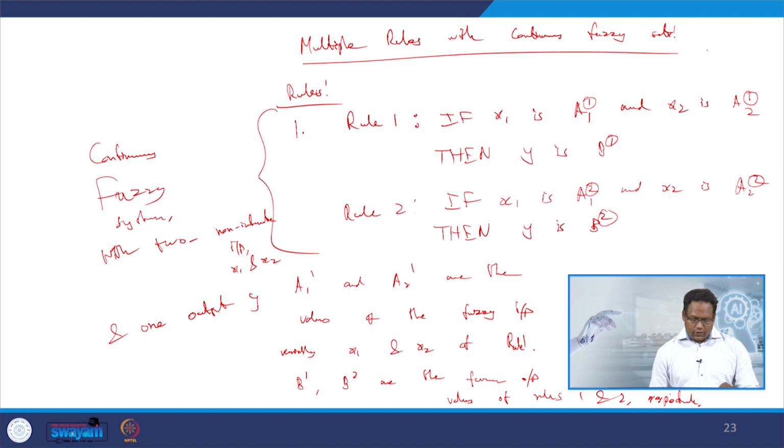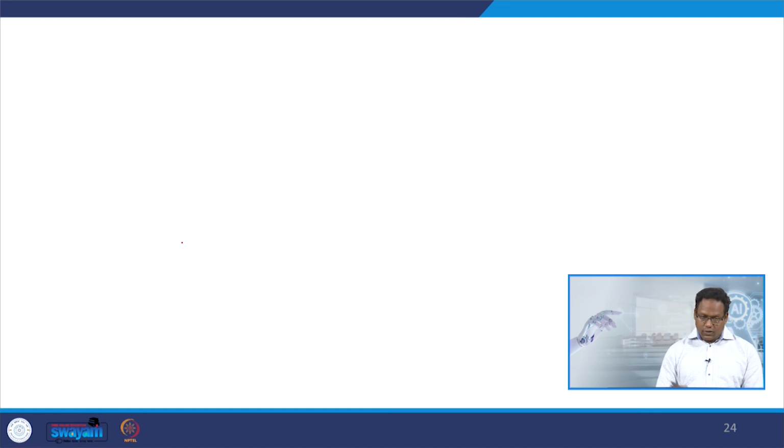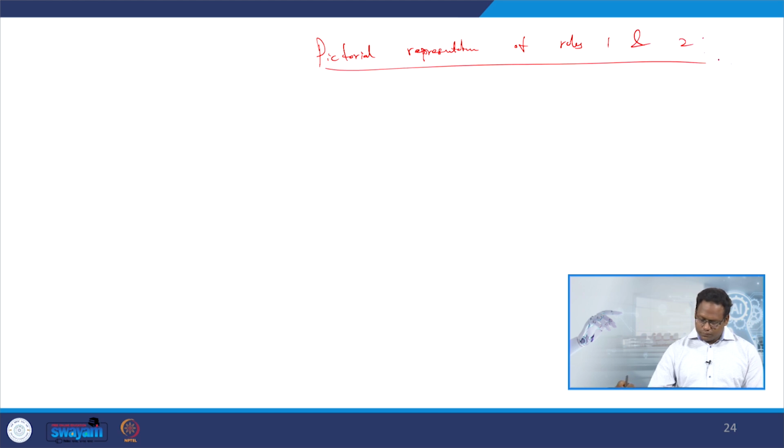Now, finally, let us come to an important part here, which is drawing the membership functions. Let us see the pictorial representation of rules 1 and 2. There is a very important concept here.